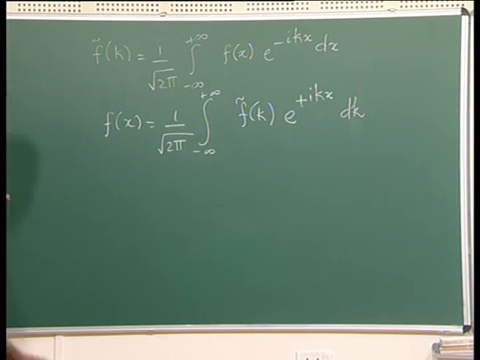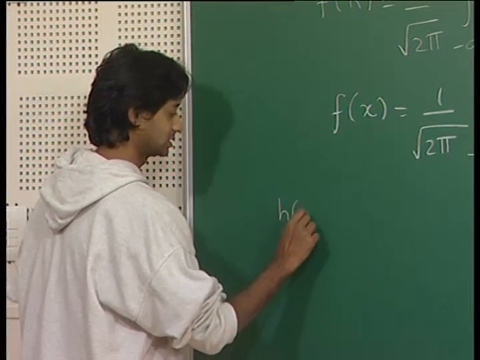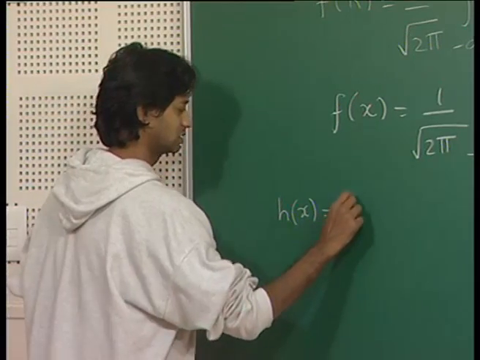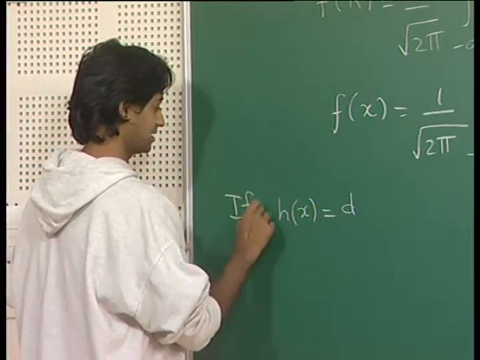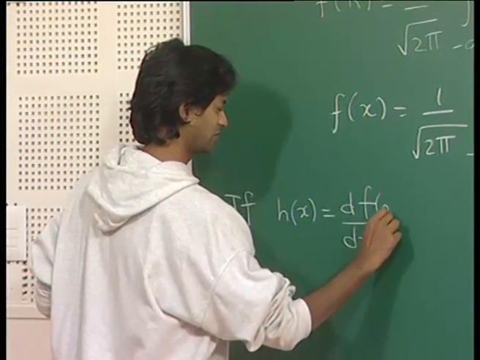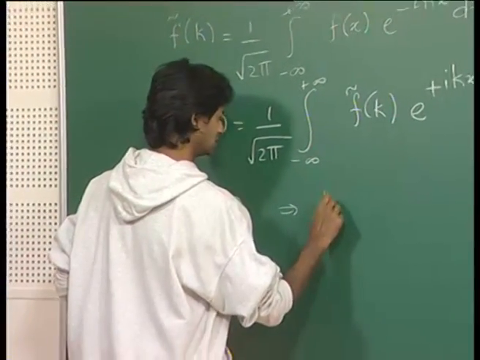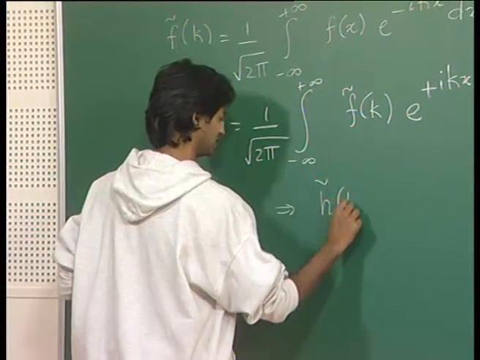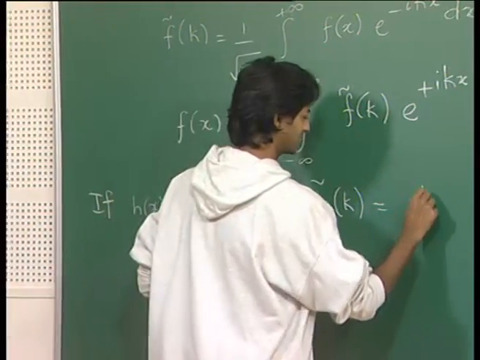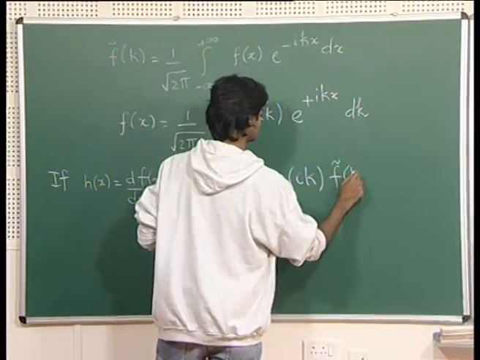The other thing which I mentioned was that suppose h of x equals df by dx of x, then h tilde of k is equal to i k f tilde of k.